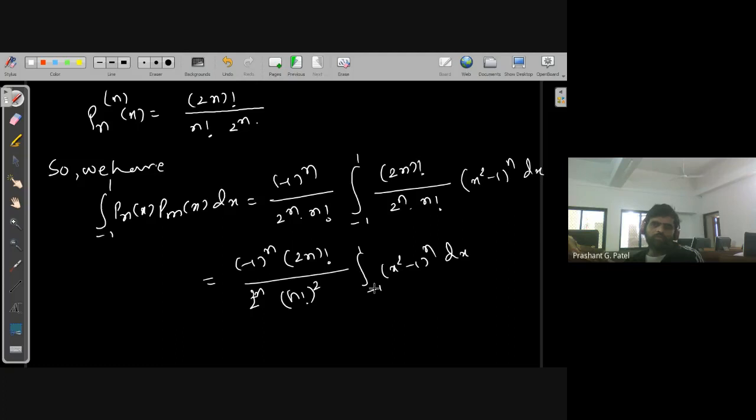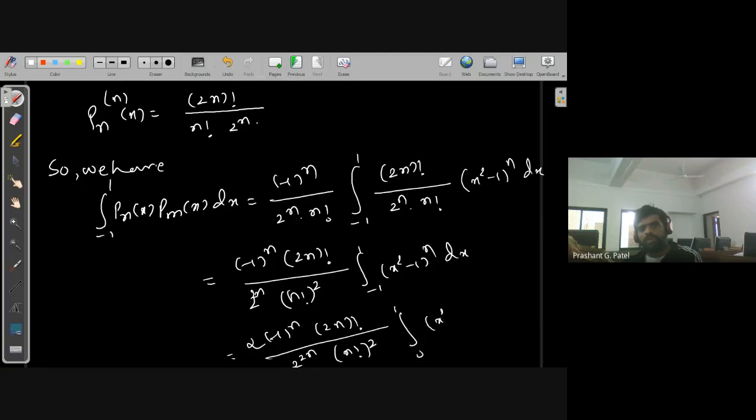But this is minus 1 to 1, so I can convert it to 0 to 1, and since this is an even function, I can write this as 2 times 0 to 1. So this is (minus 1)^n 2 times 2n factorial upon 2^(2n) n factorial square into the integral from 0 to 1 of (x squared minus 1)^n dx.